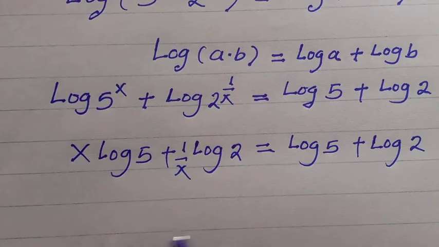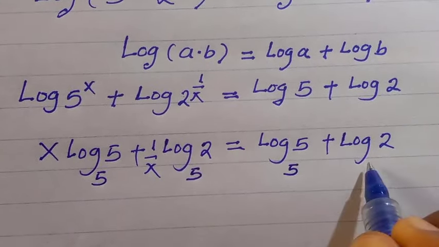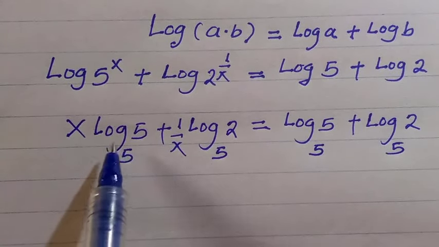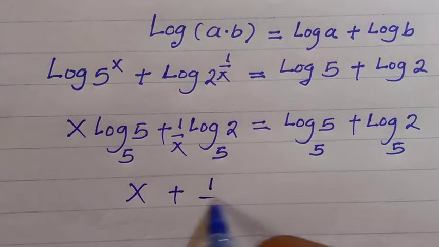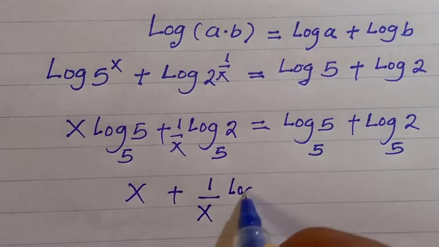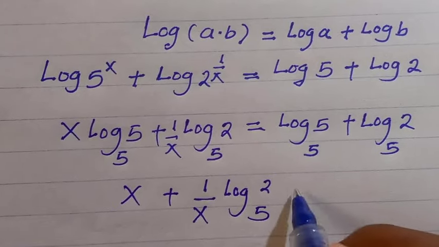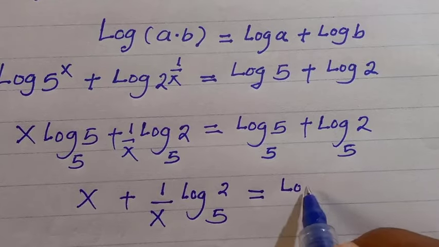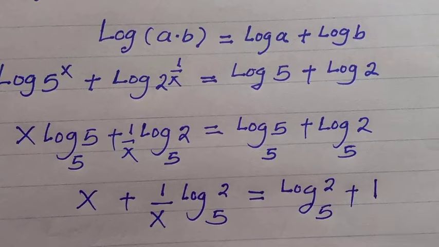Suppose I introduce the base of 5 to all of this, which means that the logarithm of the same base is 1. We have x plus 1 over x log 2 base 5 equals log 2 base 5 plus 1.